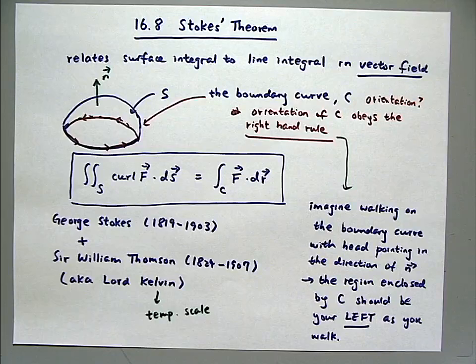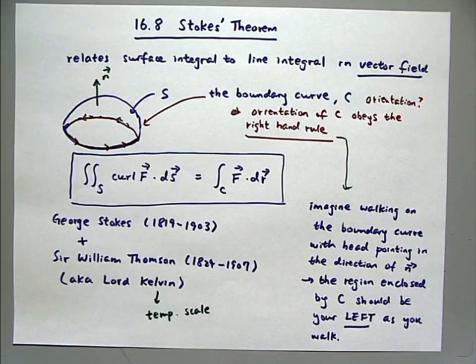So Green's theorem can be seen as a two-dimensional special case of Stokes. It really should be named after Thomson more than Stokes, but anyway. So in Green's theorem, the surface has to be on the xy plane, and it has to be flat.